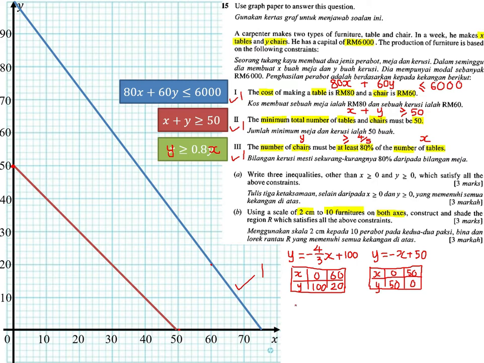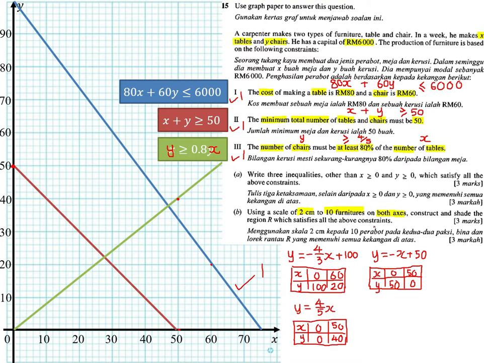So the last inequality is y equals 0.8x. So y equals 4 over 5x. The y-intercept is 0, 0. So the second point, always choose the value that you can easily count. Don't choose the one that gives you decimal. If I choose 50, I will get 40. That will give me my second point, and then I join.